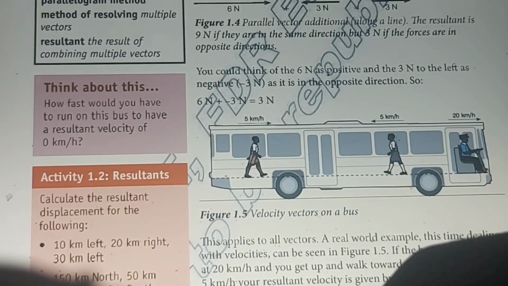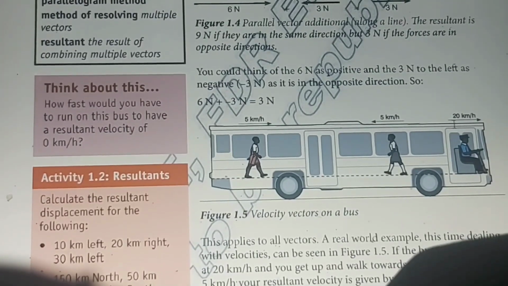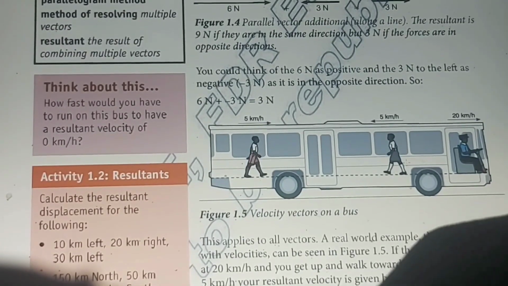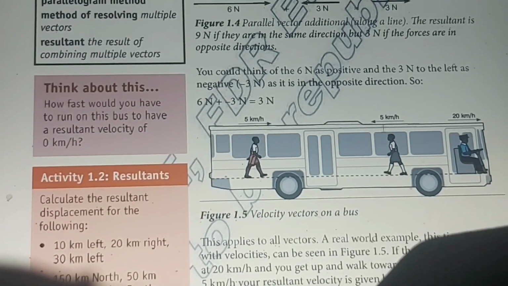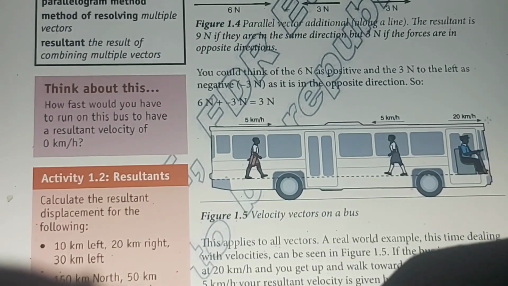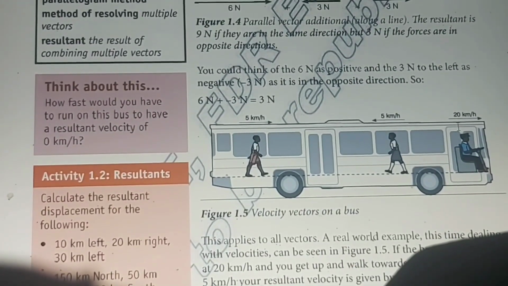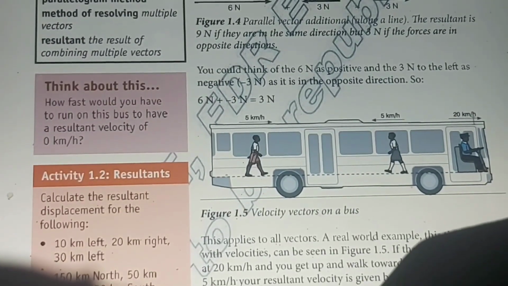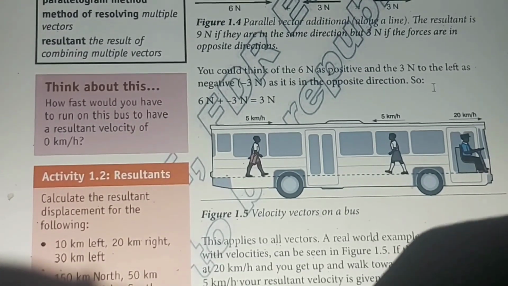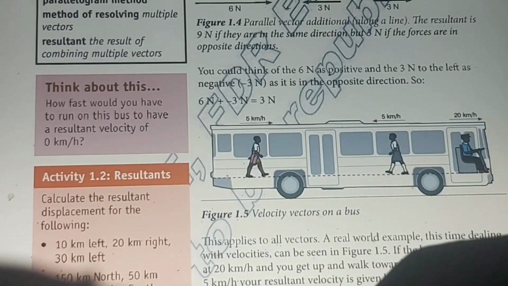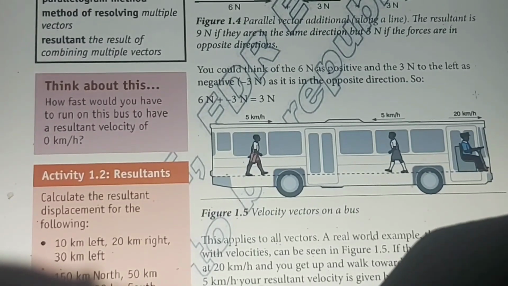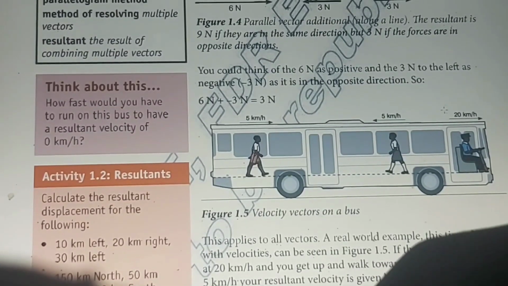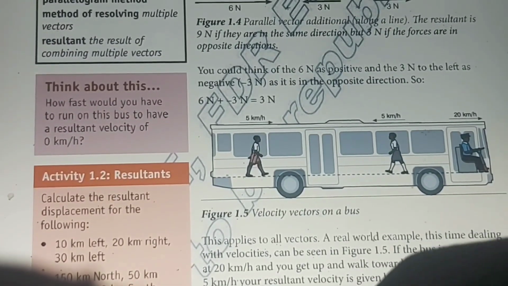Okay. Here, after he comes back, in the second case, 5 kilometers per hour and 20 kilometers per hour are in different directions. So it is the opposite movement. For the second case, it is subtracting, because they are in opposite directions.